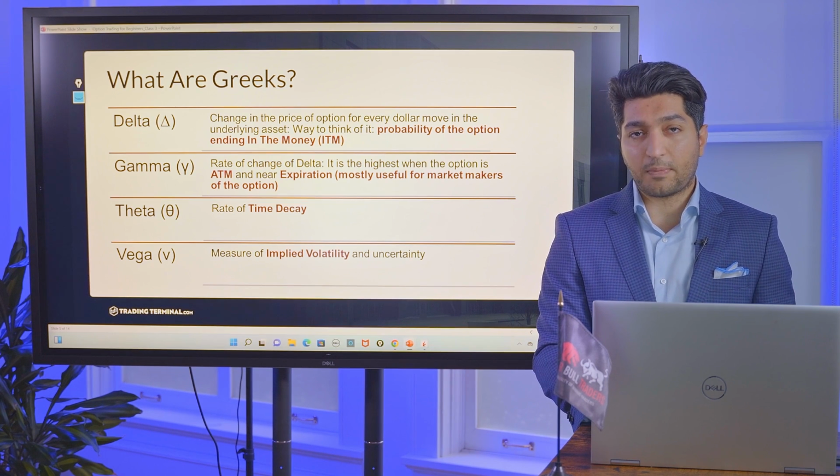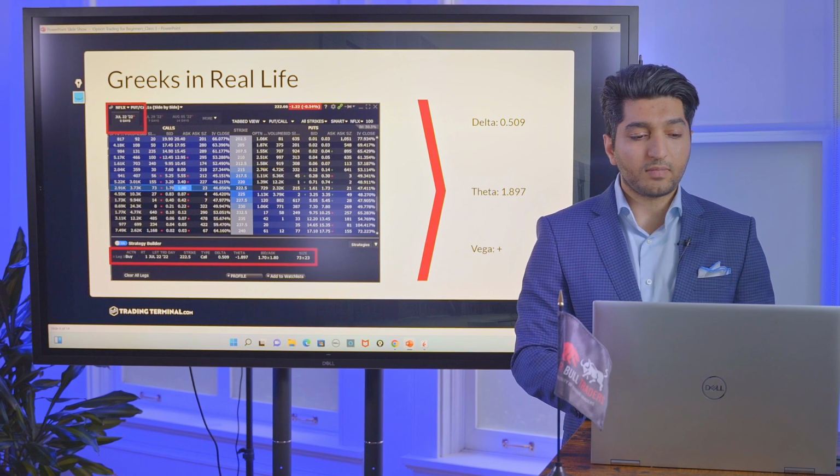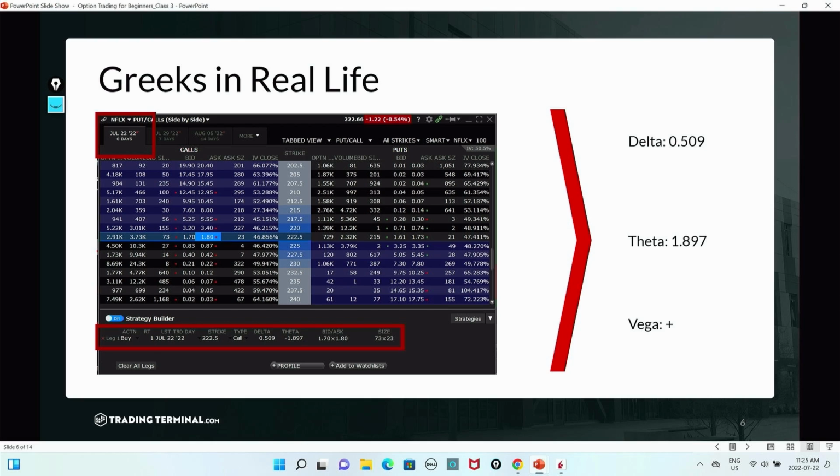Let's take a look at a couple of examples. Let's look at Netflix from July 22nd, 2022. As you can see, if you select this option over here, which is right at the money, 222.50, the delta of this option is 0.5. So for every dollar that Netflix goes up, this option becomes more valuable by 50 cents.